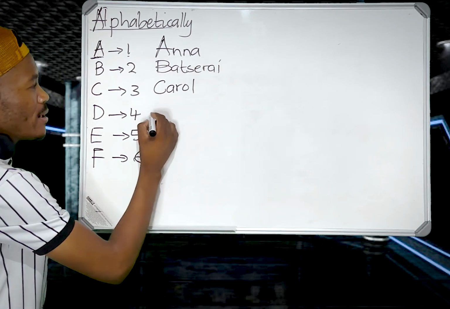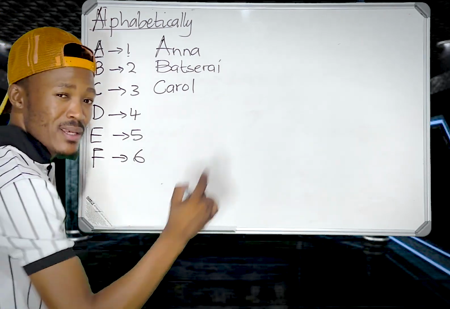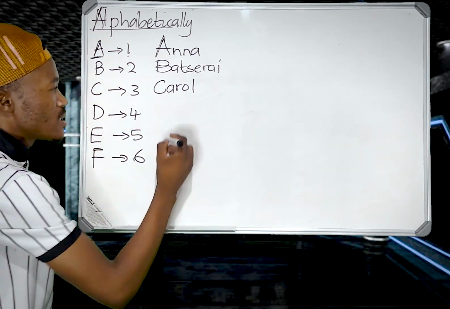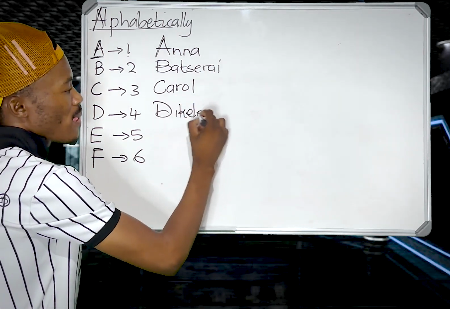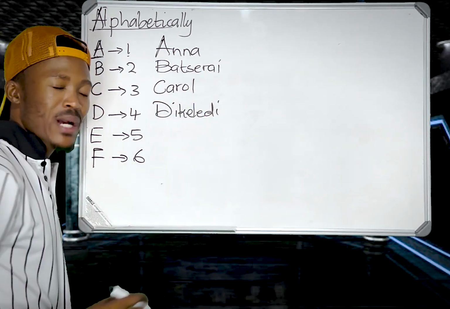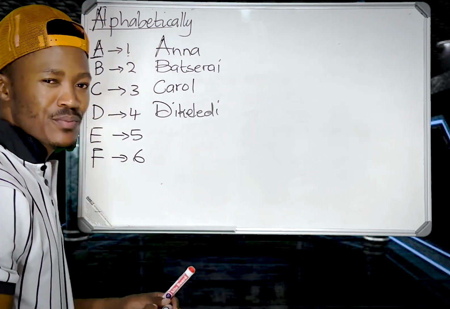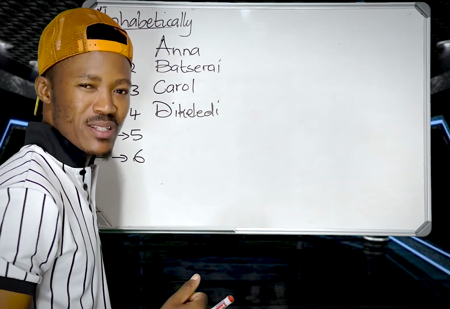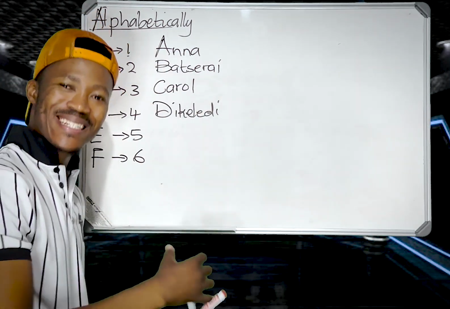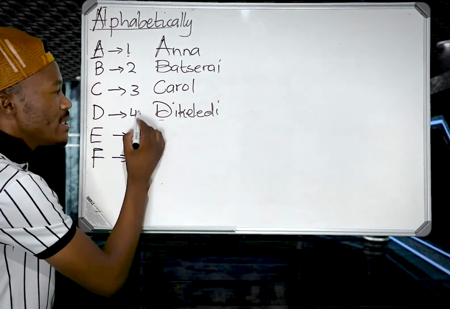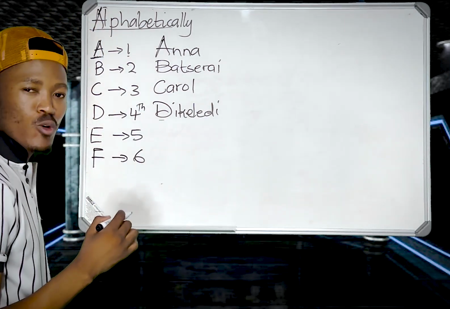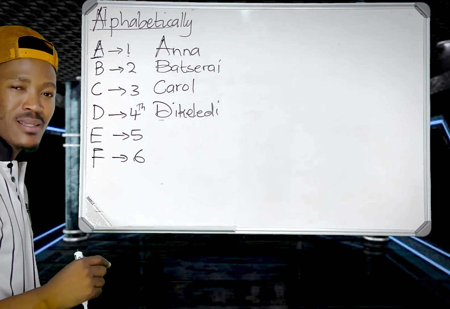Then followed by, most recently, the one that hit Madagascar, tropical cyclone Dikeledi. You may remember some few years ago we had tropical cyclone Dineo. It is to say that this tropical cyclone is the fourth cyclone to occur in this season.